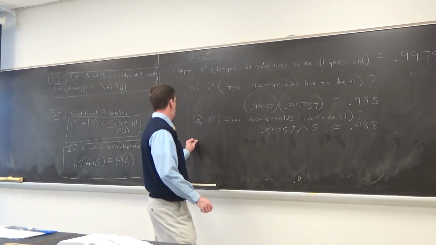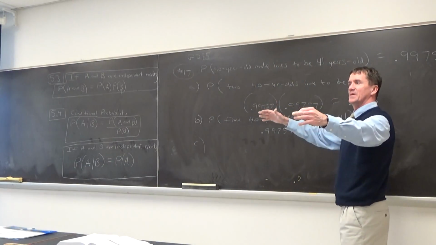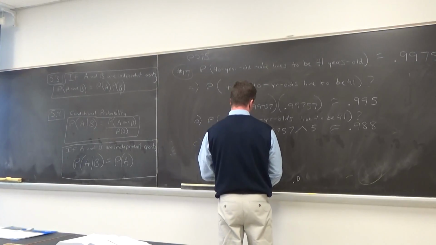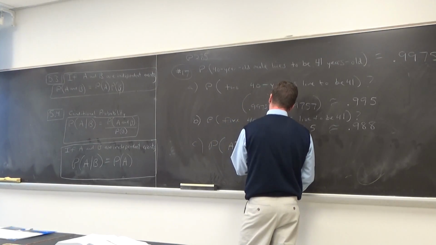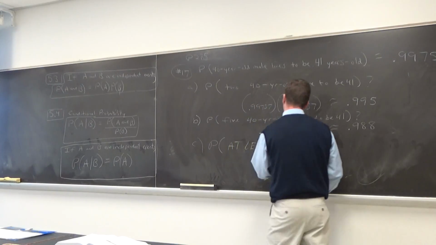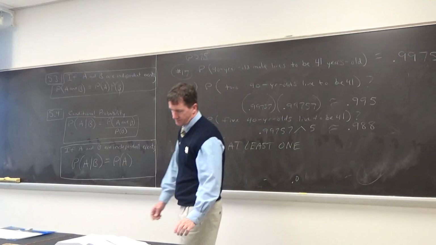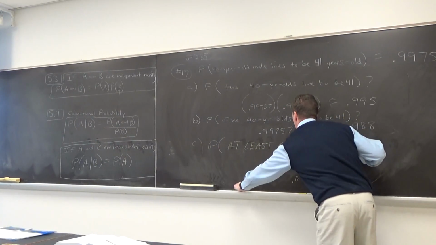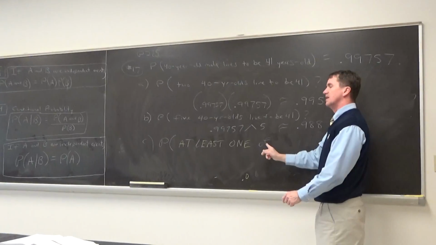And I didn't see the at least one yet, did you? Me either. Alright, here it comes. And what's the probability that at least one? Now, they gotta be clear here. They talking about the 5 people or the 2 randomly selected? They said 5.